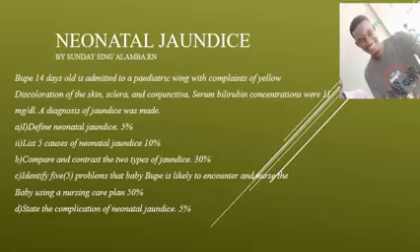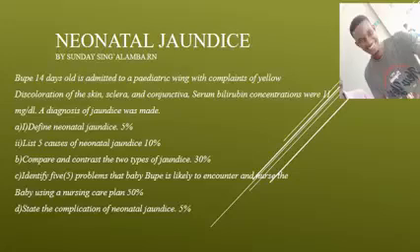So that is the definition of neonatal jaundice. When you are defining a condition, it is also very vital that you bring in the important points required in that definition for you to get the required 5%.